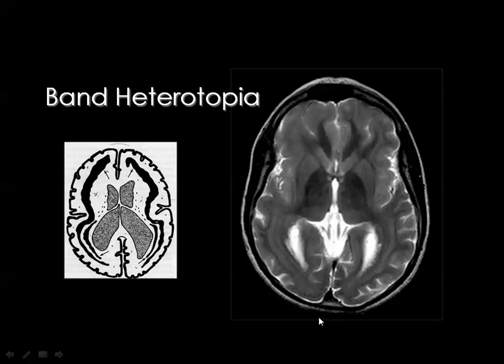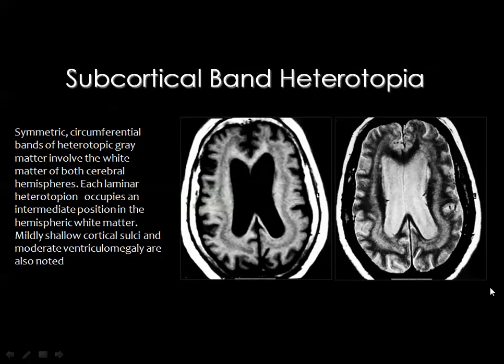Sometimes you may get 3 bands or more than this, but the same name applies for the disease, which is band heterotopia or the double cortex. And here is the T1 weighted image and the T2 weighted image. You should note that the band will be of similar signal intensity to the cortex in the T1 and similar signal intensity to the cortex in the T2 weighted image.